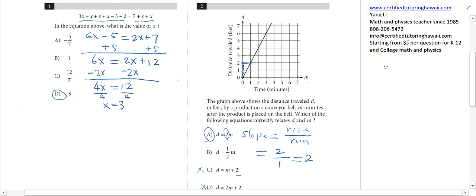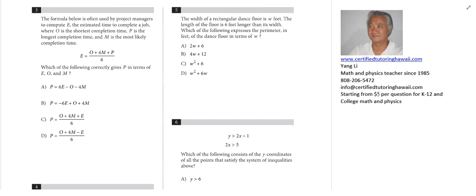All right, let's go to number 3 now. They said the formula below is often used by project managers to compute E, the estimated time to complete a job, where O is the shortest completion time, P is the longest completion time, and M is the most likely completion time.